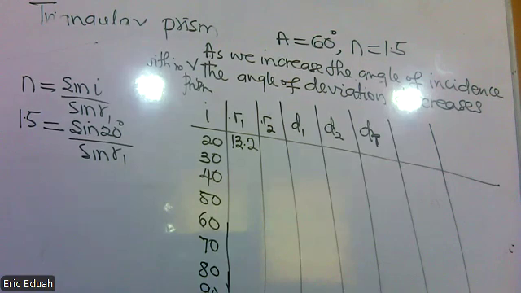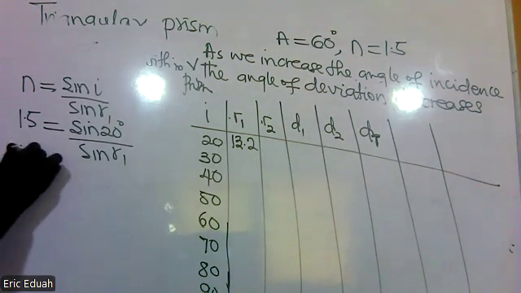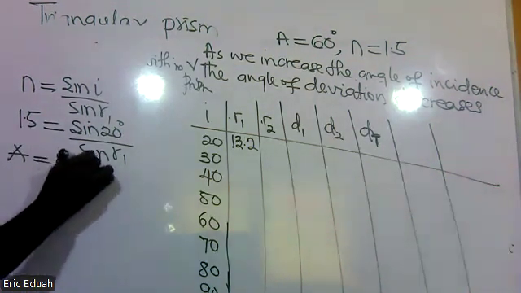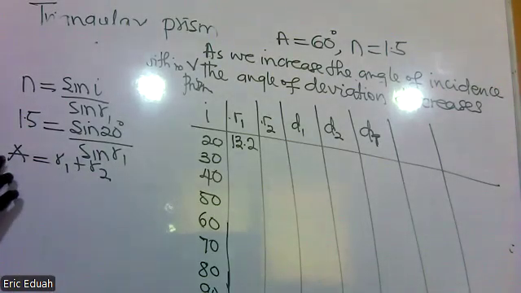Subtract R1 from A. Exactly. Thank you. So, you see, because A is equal to R1 plus R2, once you have R1, you can easily find R2.